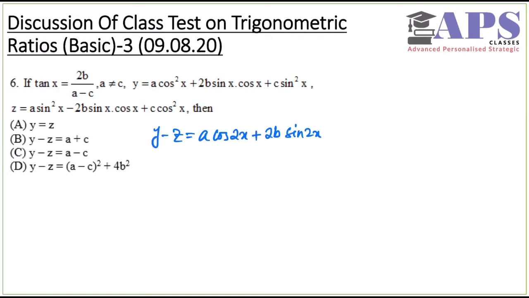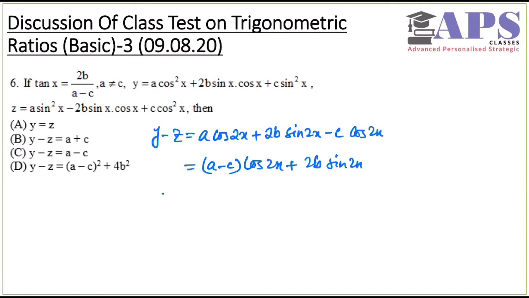And then c sin square x minus c cos square x, that is minus c if I take common, that will give us cos 2x. Okay, so that is nothing but a minus c cos 2x plus 2b into sin 2x. This is our y minus z. Now we have not yet used tan x equal to 2b by a minus c.